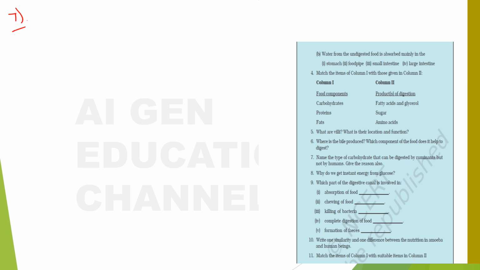Alright, for the seventh question, the first thing that was asked is: name the type of carbohydrate that can be digested by ruminants.